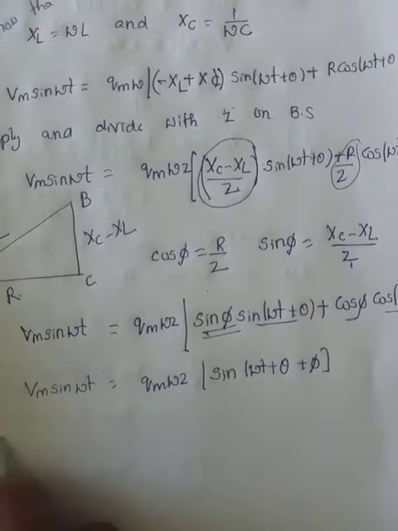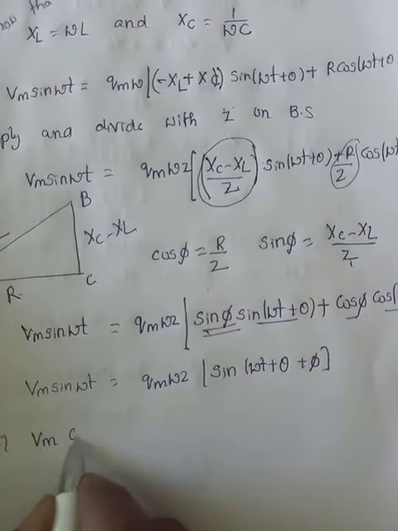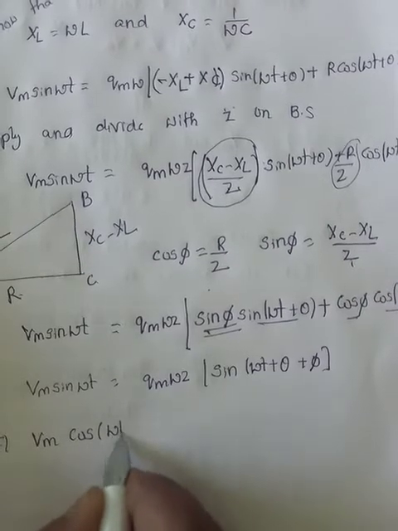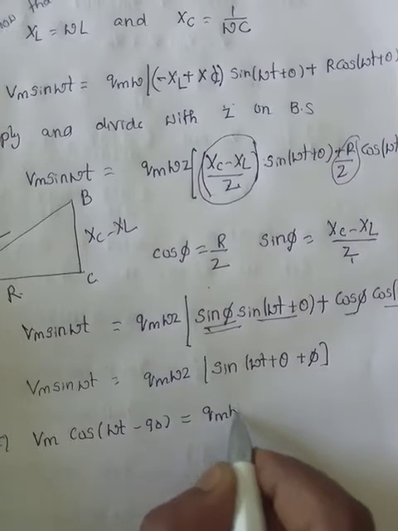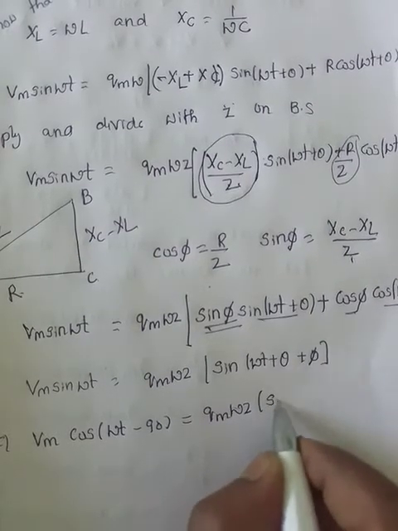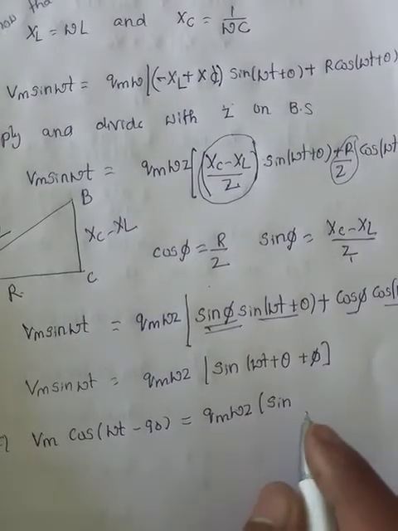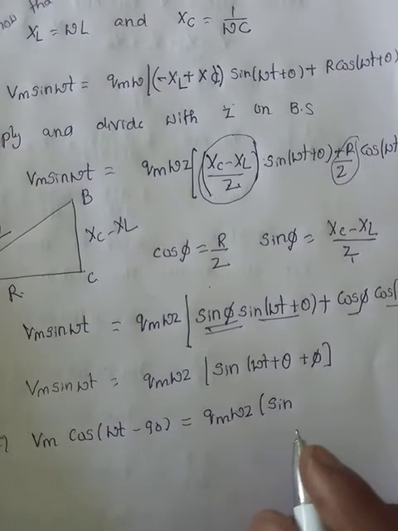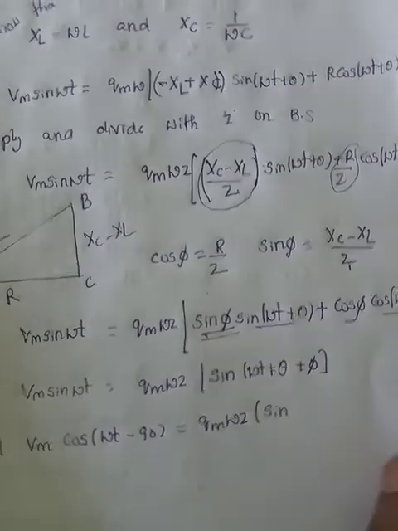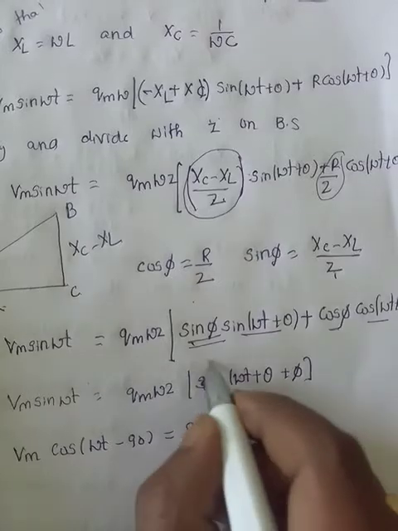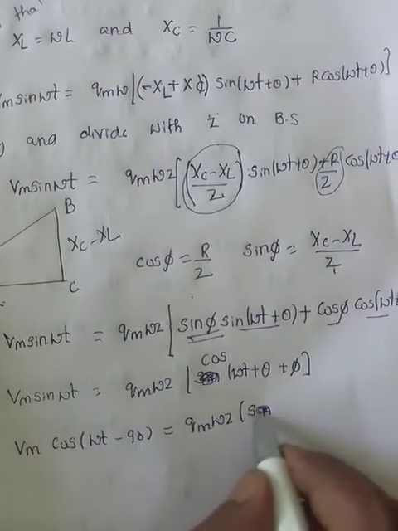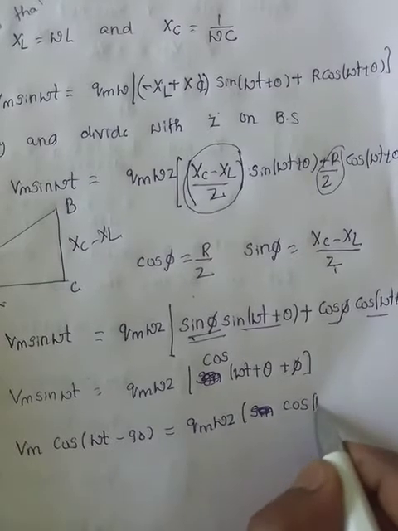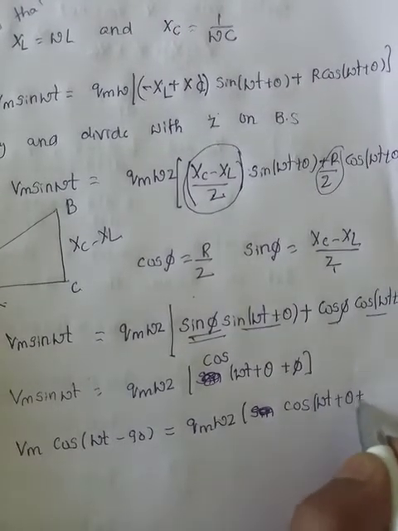Now I am rewriting this equation again as Vm cos of omega t minus 90 is equal to Qm omega Z into cos of omega t plus theta plus phi.